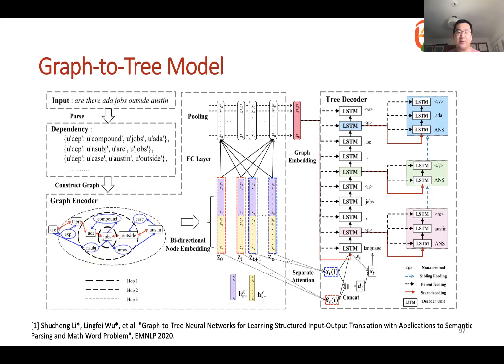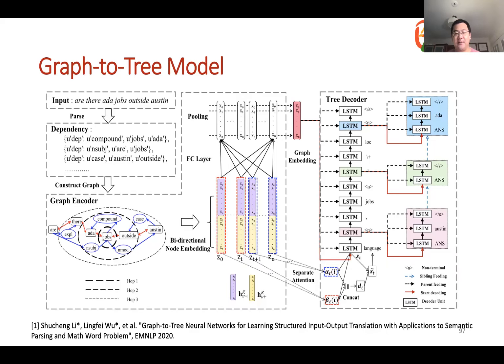One of the important parts compared to the previous sequence model is that the attention module actually has a lot of choices. That really depends on the type of the graph. For example, in this case our graph is a heterogeneous graph, therefore different nodes may have different types. In that case, we can have separate attention, attending to the different types of node using one attention mechanism each.